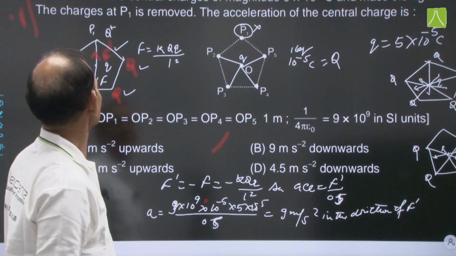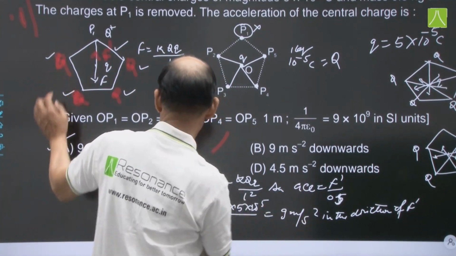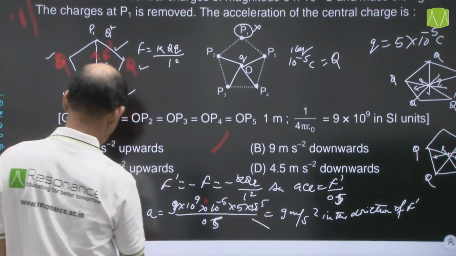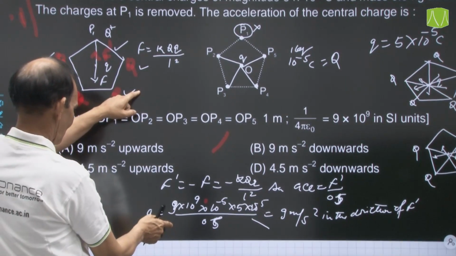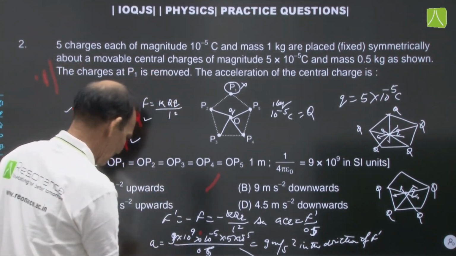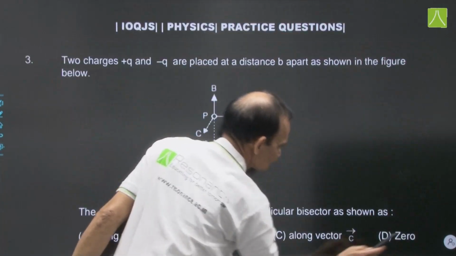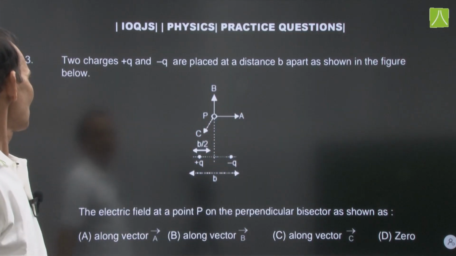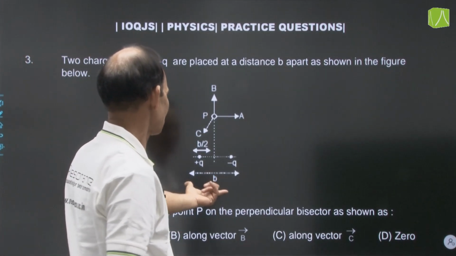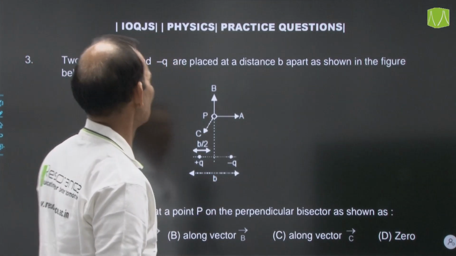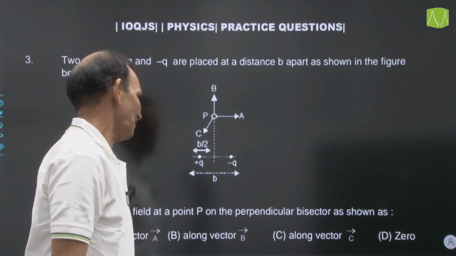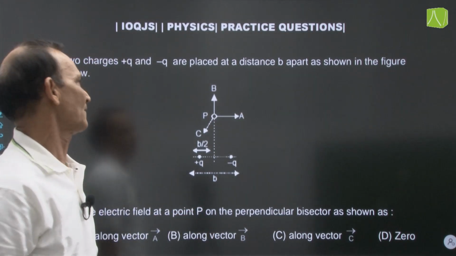Now next question, question number 3. Two charges plus q and minus q are placed at a distance of b apart, as shown in the figure. The electric field at a point P on the perpendicular bisector is shown in the figure.